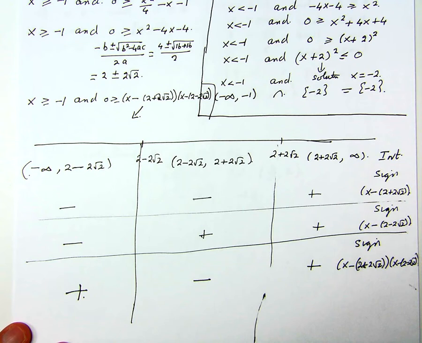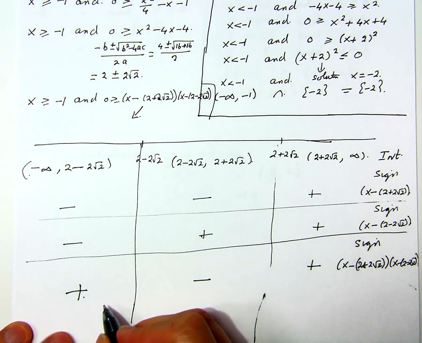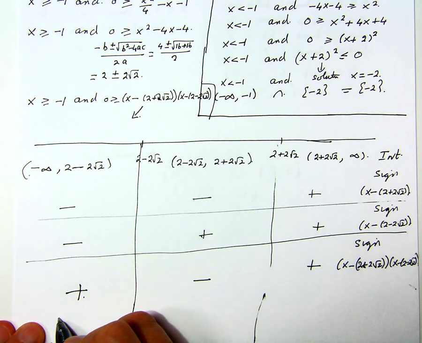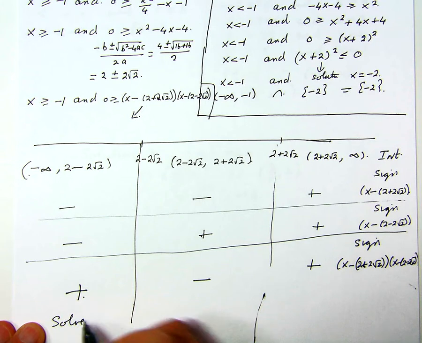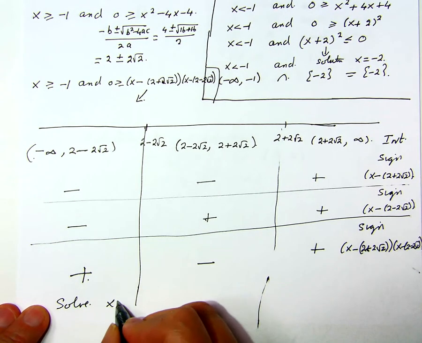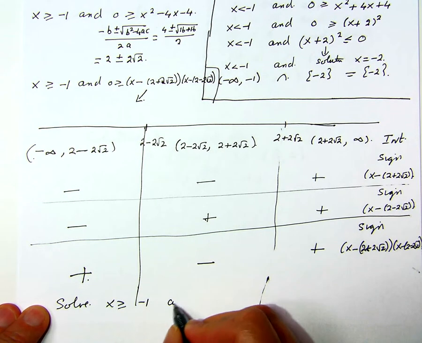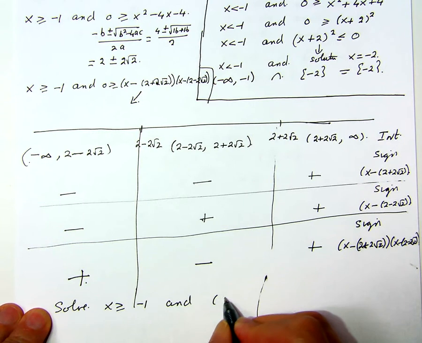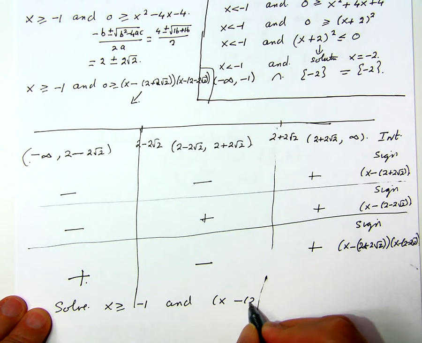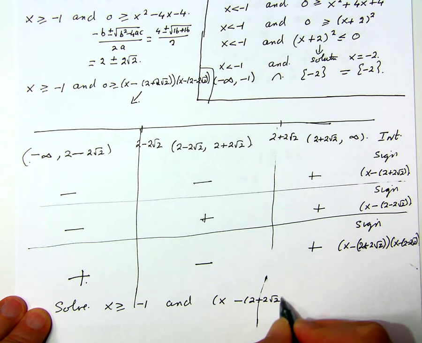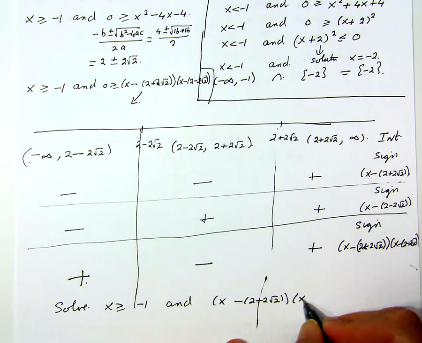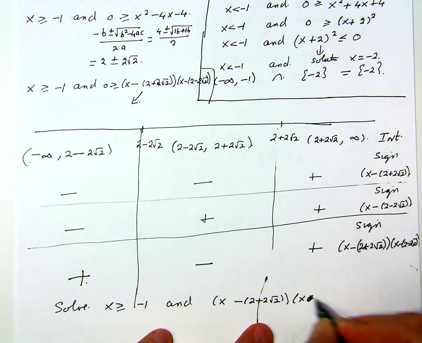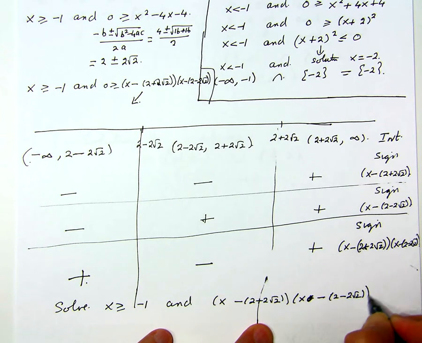So we're trying to solve the simultaneous inequalities x greater than or equal to -1 and x minus 2 plus 2 times the square root of 2 times x minus 2 minus 2 times the square root of 2 less than or equal to 0.